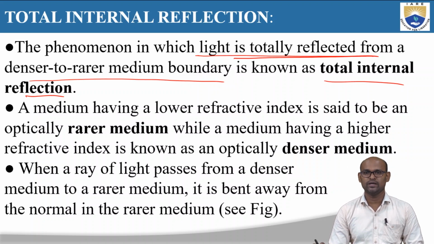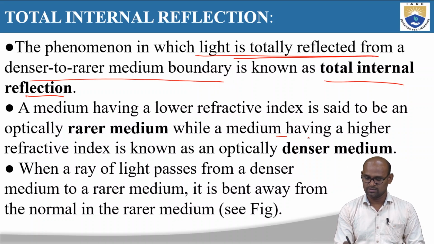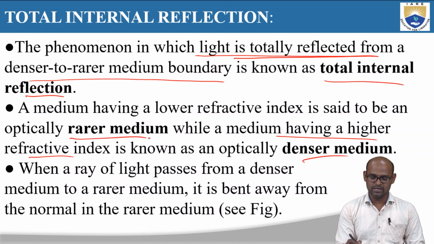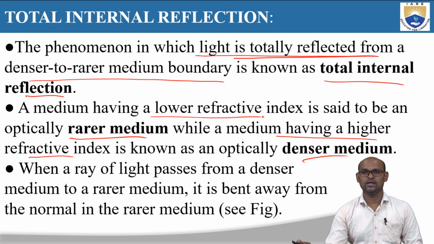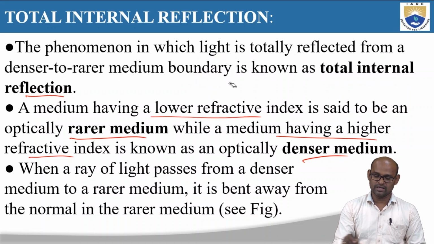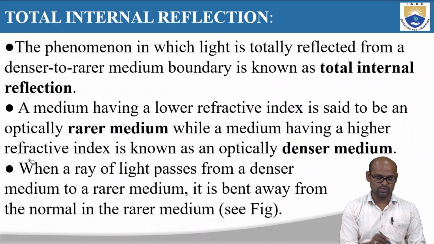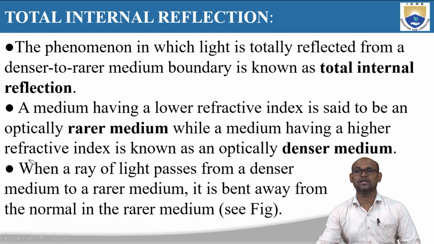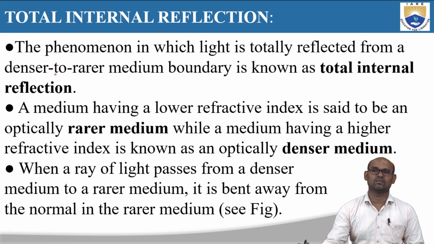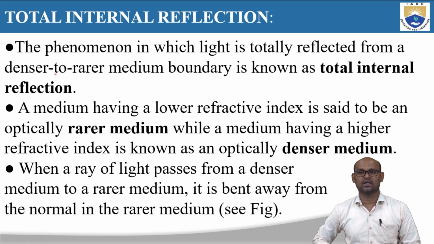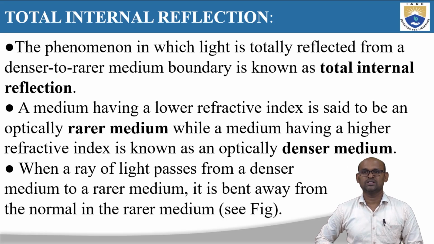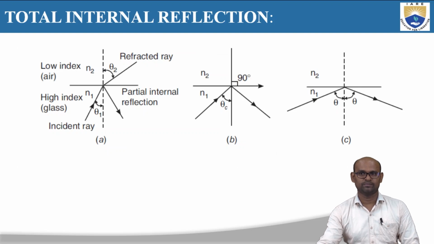A denser medium has a higher refractive index, and a rarer medium has a lower refractive index. Light will be totally reflected at this denser to rarer medium boundary, and that is what we call total internal reflection. Using this phenomenon, light propagates through optical fiber.